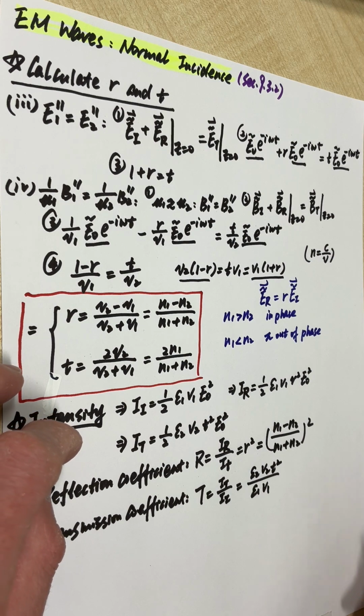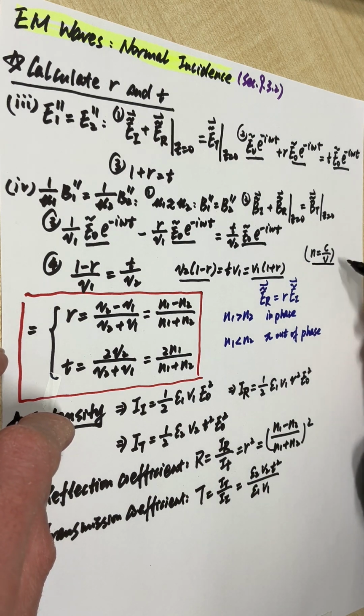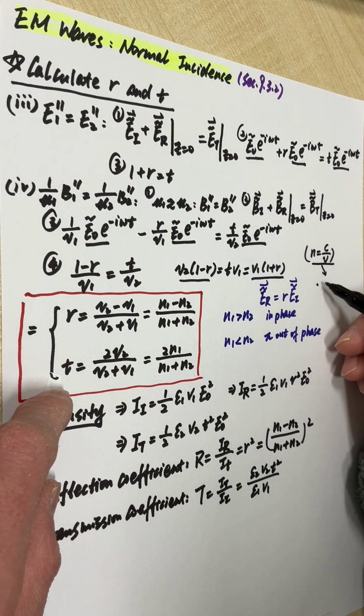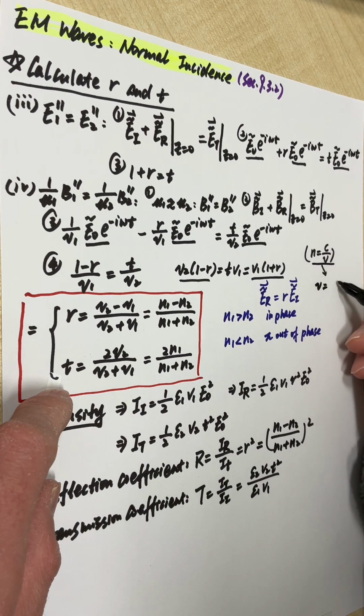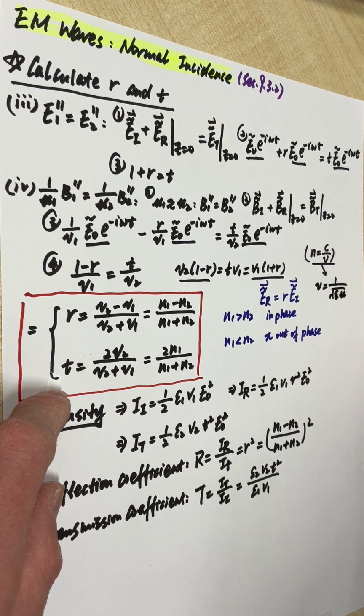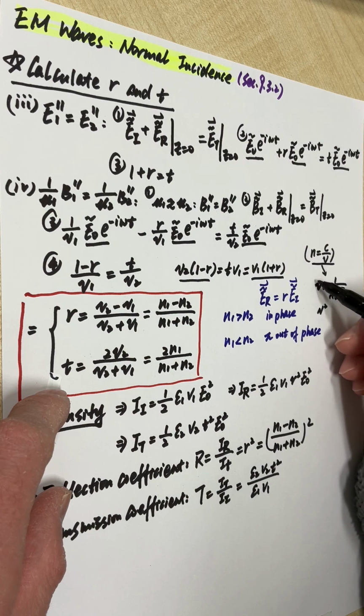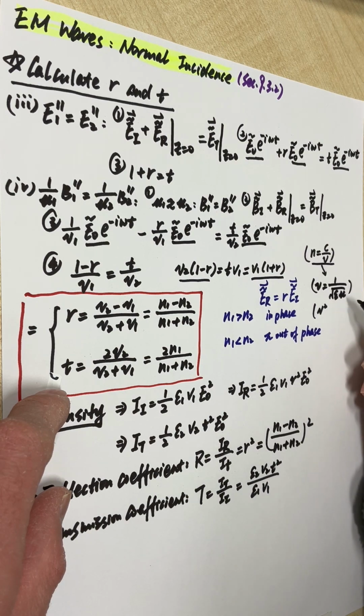And now, this is kind of a parameter relationship. Let's do another one. We have V equals 1 divided by square root of epsilon mu, right? So from here we have V squared equals 1 divided by epsilon mu.